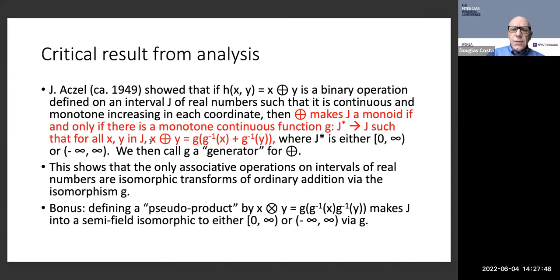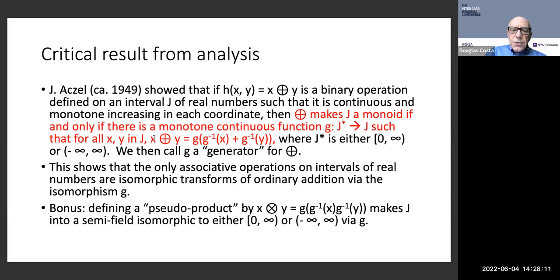So this g is then called a generator for the pseudo sum. This shows that the only associative operations on intervals of real numbers are just isomorphic transforms of ordinary addition via this isomorphism. So g, in algebraic terms, the generator is an isomorphism of monoids.